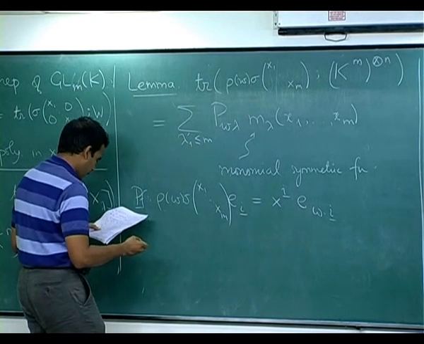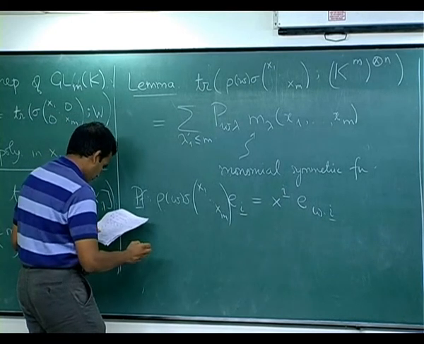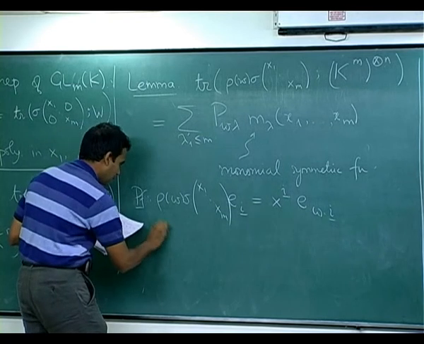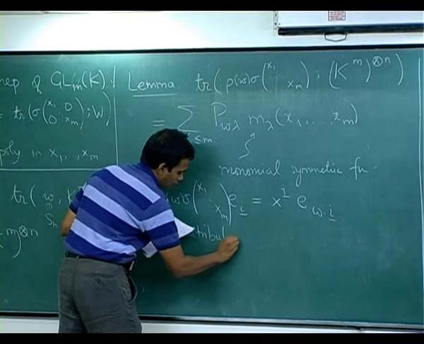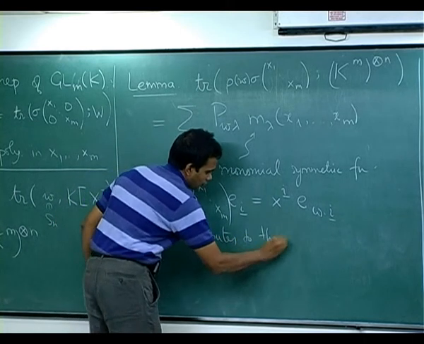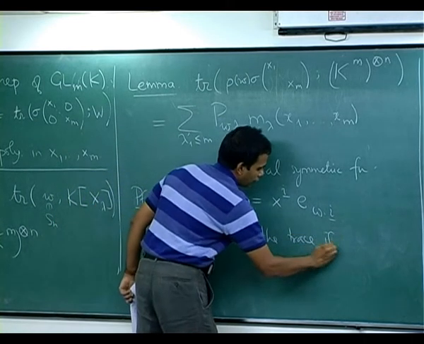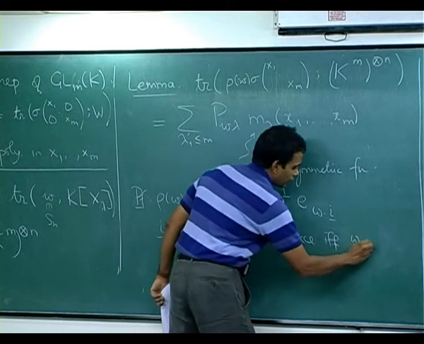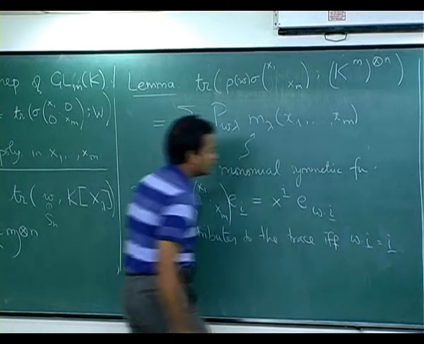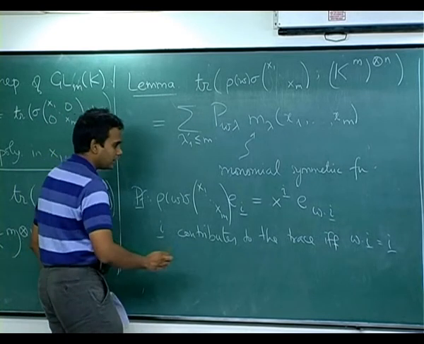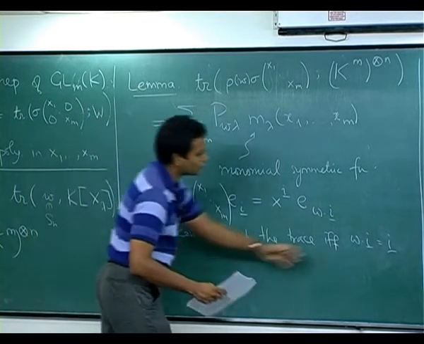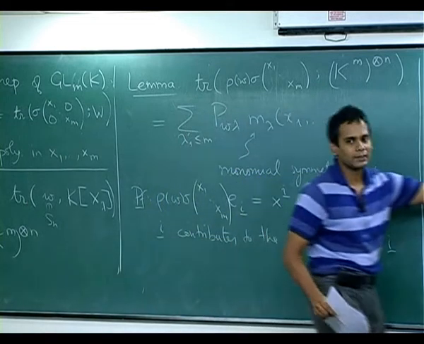So I contributes to the trace if and only if w·I is equal to I, which means that to I you can associate this partition S1, S2, ..., Sm.